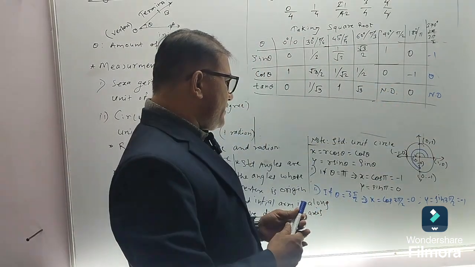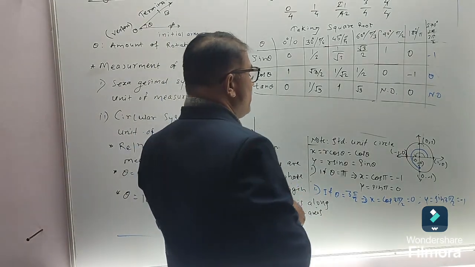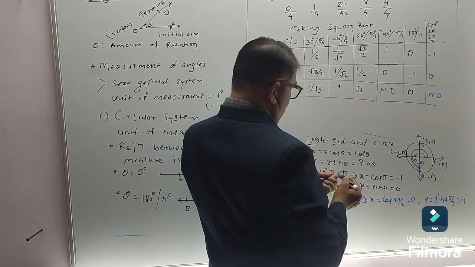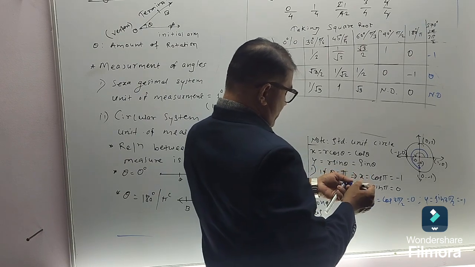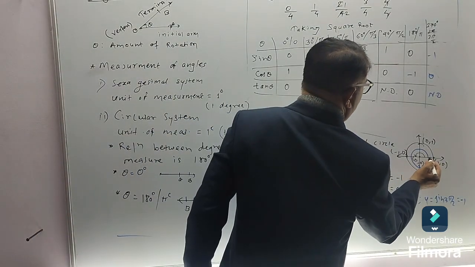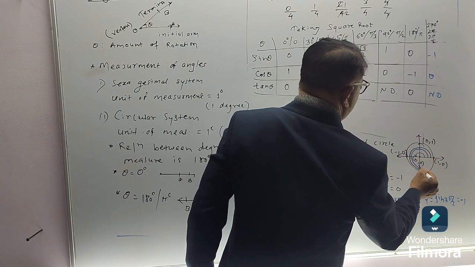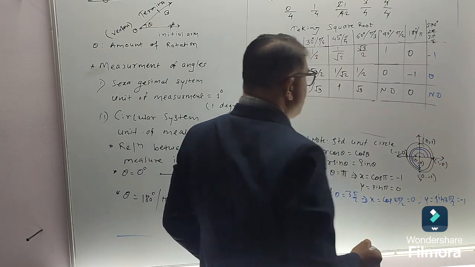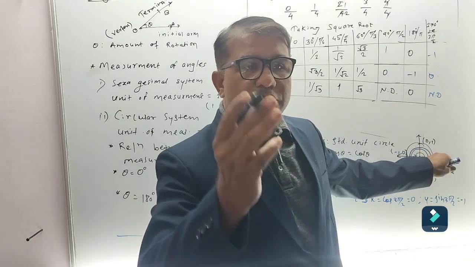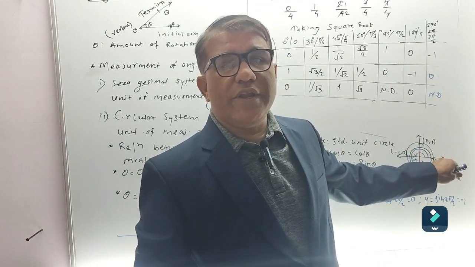Similarly, we can observe that if I complete this one rotation, then the angle is 360 degrees, meaning 2 pi, double of 180.